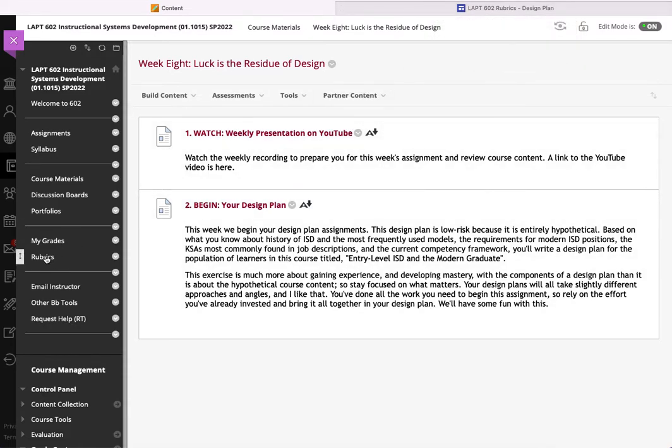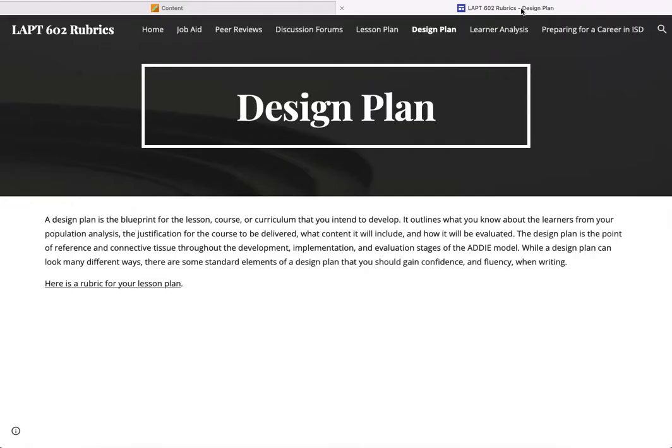So if you head on up from the rubrics tab, a design plan is the blueprint for a lesson. You can also use a design plan for a course or an entire set of curriculum or a program. It depends on what you're designing, but the plan is the blueprint for whatever that final outcome or event is. It outlines what you know about your learners from your population analysis.